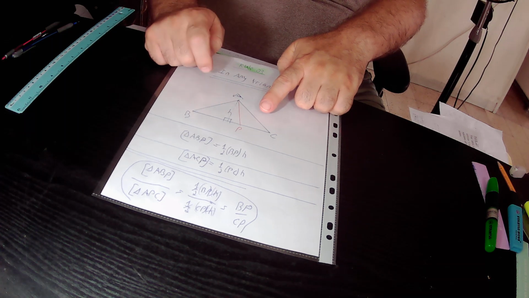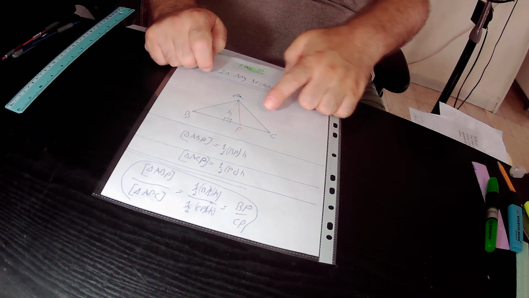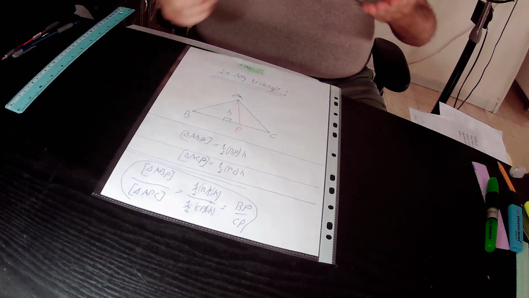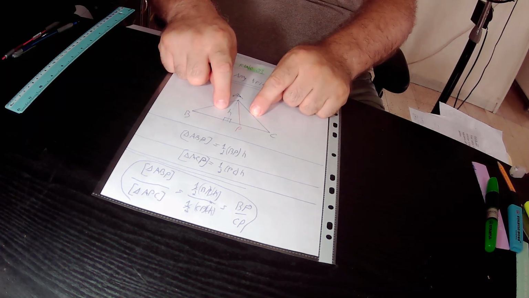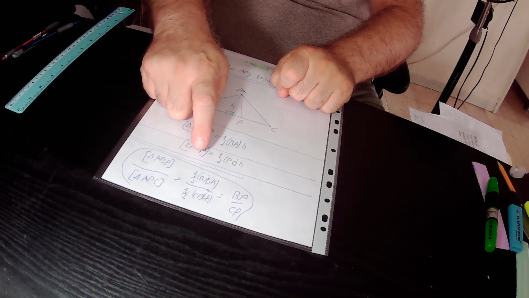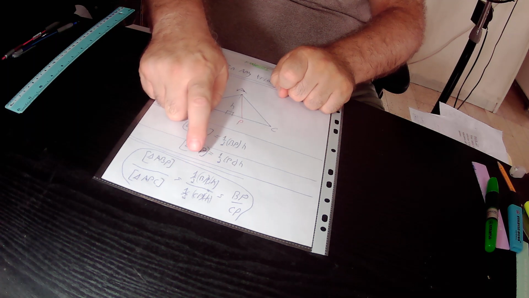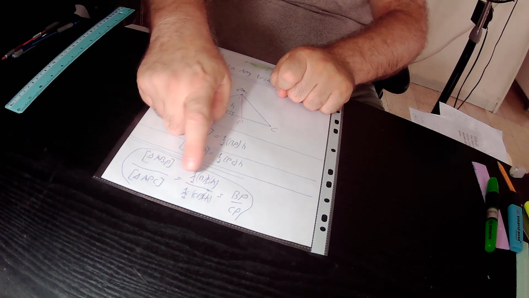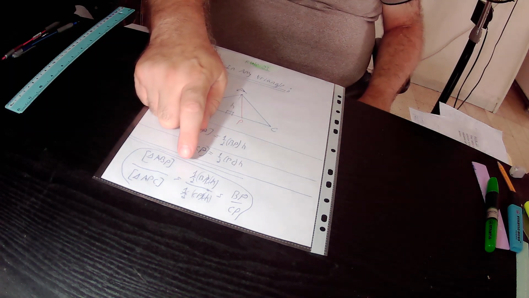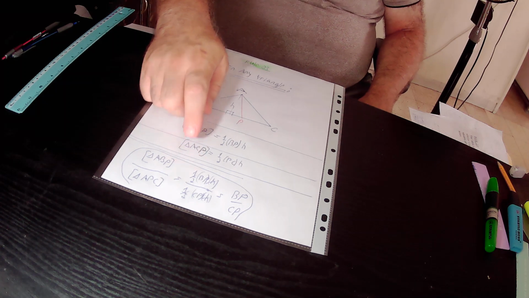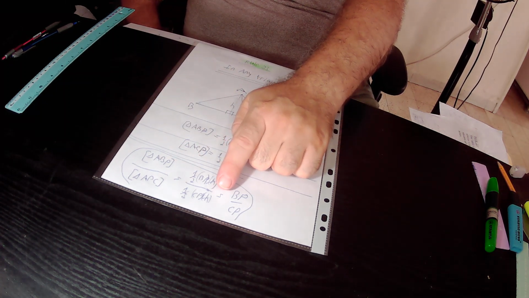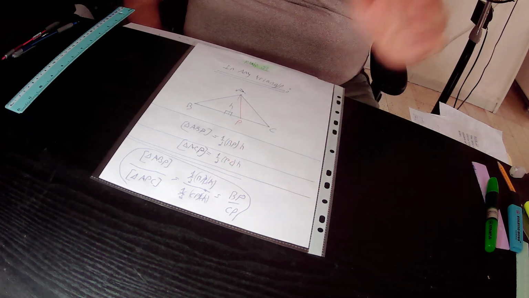And the ratio between the areas of those two triangles is actually BP times H over 2 over CP times H over 2. We have 1/2 in the numerator and 1/2 in the denominator, so 1/2 will get cancelled. We have H in the numerator and H in the denominator, so H also will get cancelled, and we are left with BP over CP.